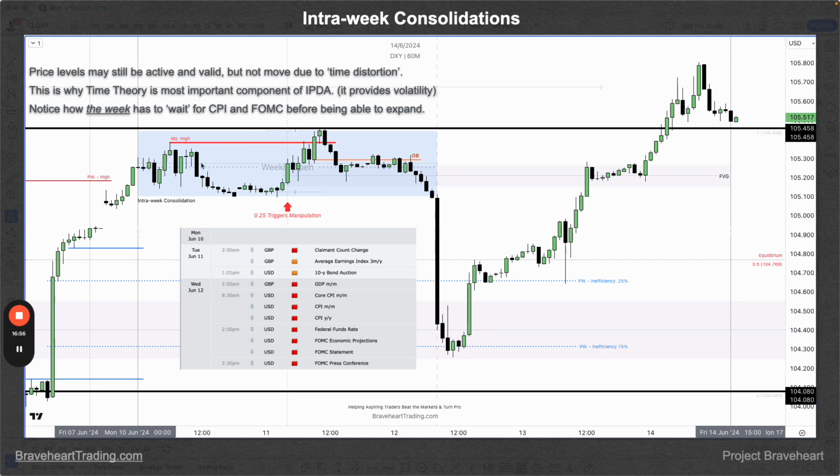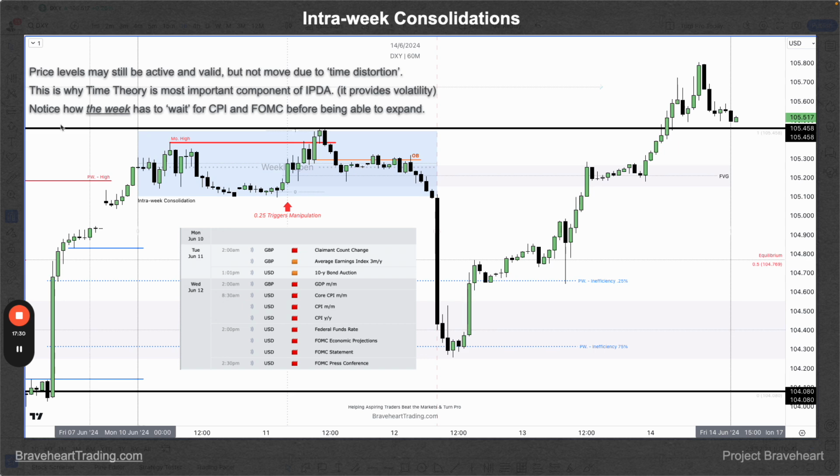You could have the exact right levels marked out, but if the timing aspect for the week is not there yet, then price is not going to move, and that could cause you to self-eject from the price level itself when you would have the best price level as well. So this is why time theory is the most important component of IPTA. It provides the volatility aspect for price to move.